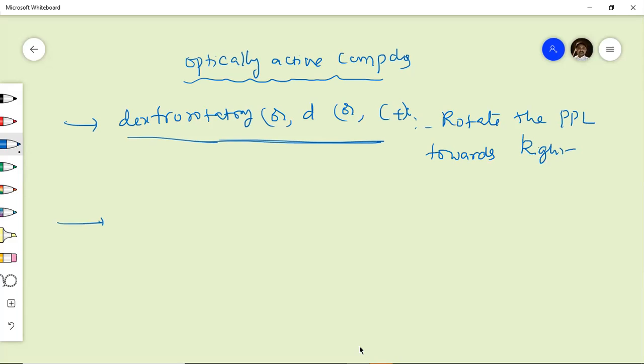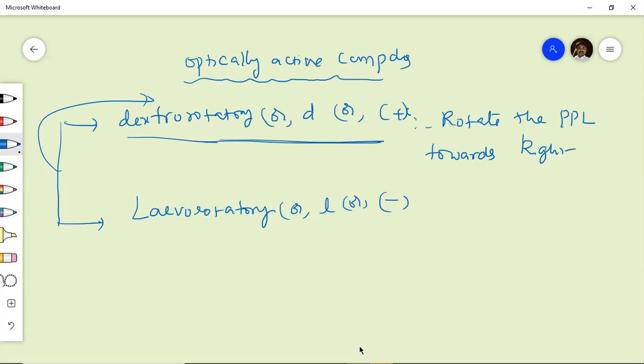Coming to the other kind of optically active compounds, they are called levorotatory, also called L compounds, or we can also put minus rotation.